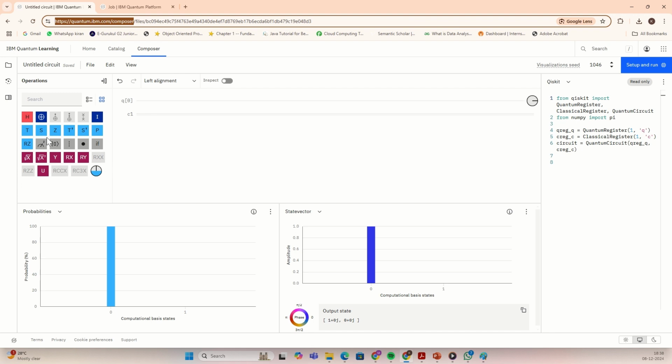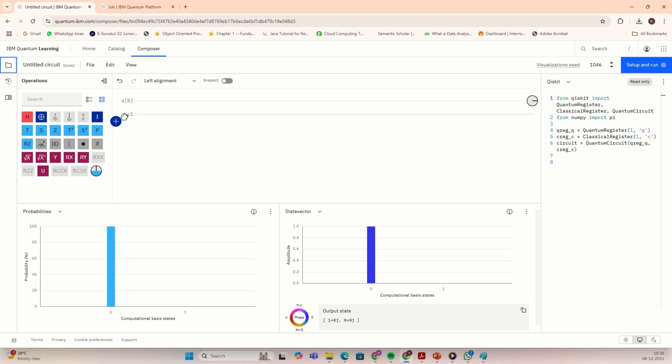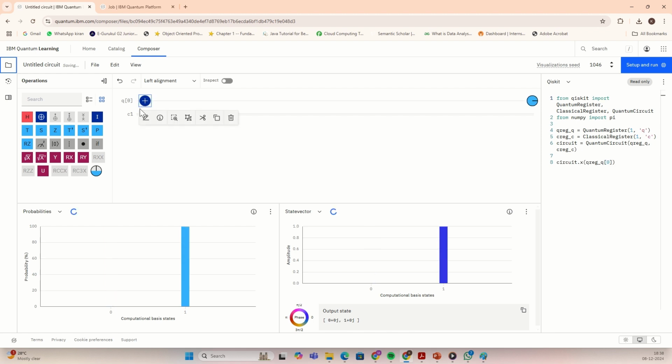This is a composer which helps us to understand quantum circuits and quantum gates. As we have seen the Pauli X gate, it is denoted by this symbol here. So what I have done, this input, what is this? Qubit 0. Input is |0>.